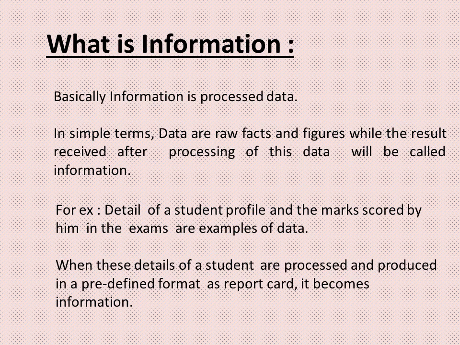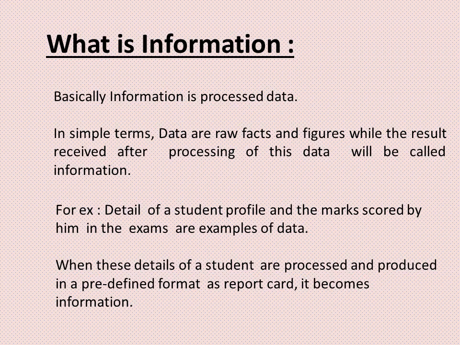Next question arises, what is information then? What is the difference between data and information? Let us try to understand it. Basically, information is processed data. In simple terms, data are raw facts and figures, while the result received after processing of this data will be called information. For example, details of a student profile and the marks scored by him in the exams are examples of data.